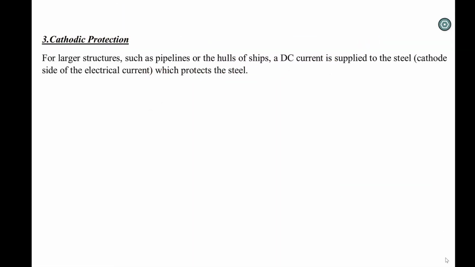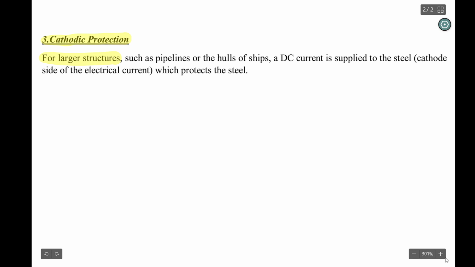Our last type of corrosion prevention is called cathodic protection. Now again, this is generally used for larger structures, pipelines, large water vessels, and it essentially sets up the piece of iron as an electrolytic cell.